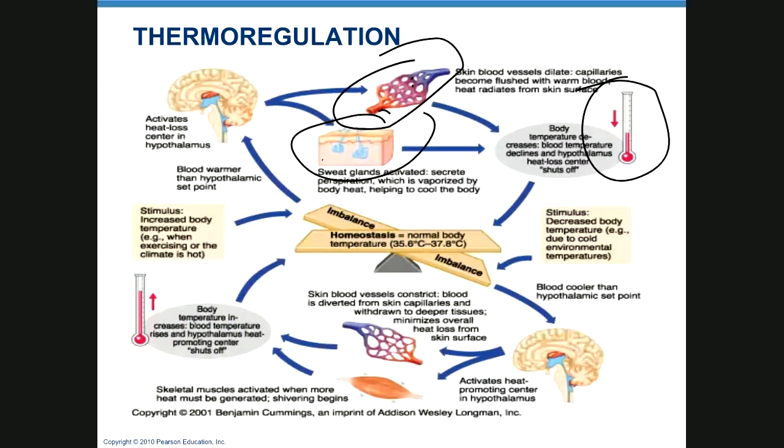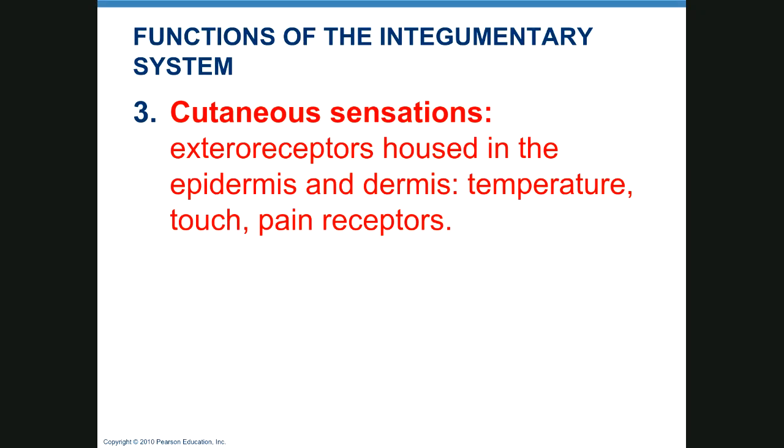Under low temperatures, blood vessels of the skin will shrink to prevent heat loss. Skeletal muscle begins to shiver, to move, and that brings the temperature up. So review thermoregulation again. Another function of the integumentary system is the detection of general senses.